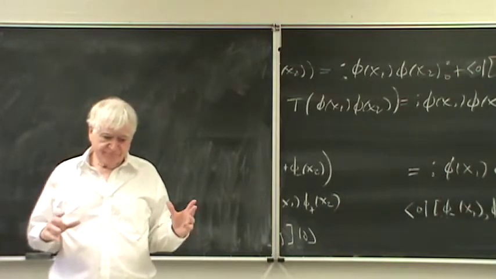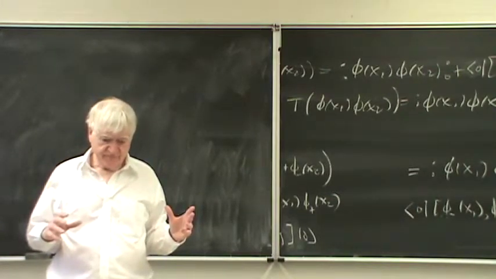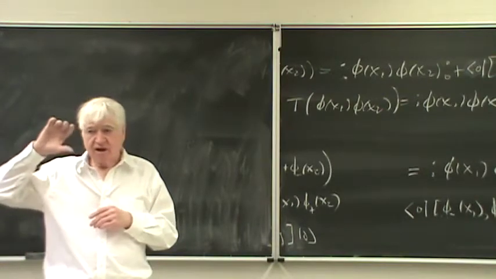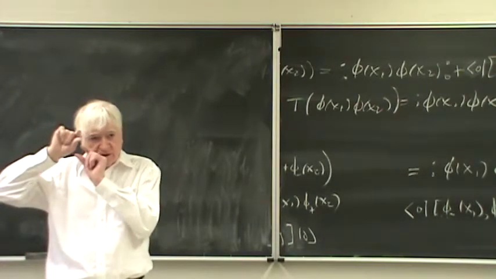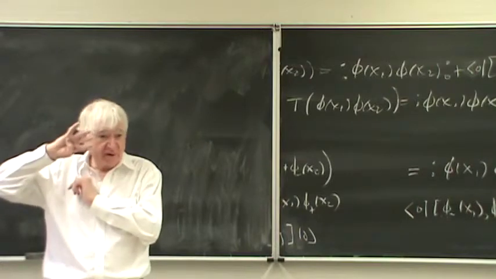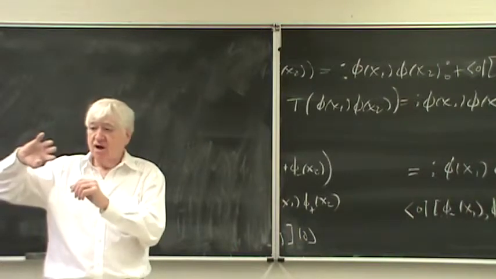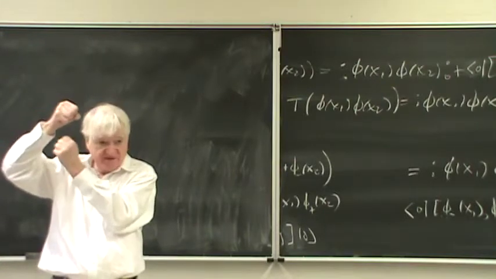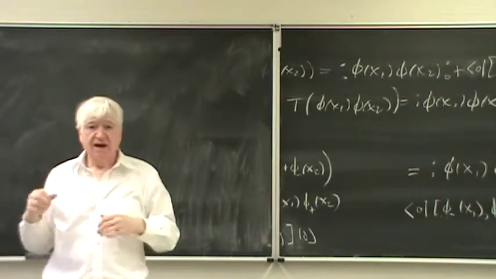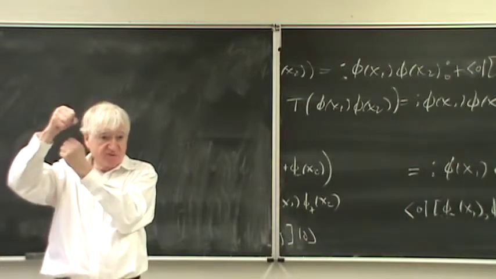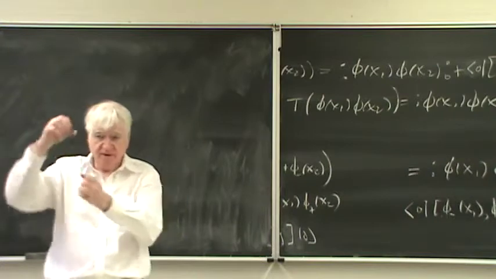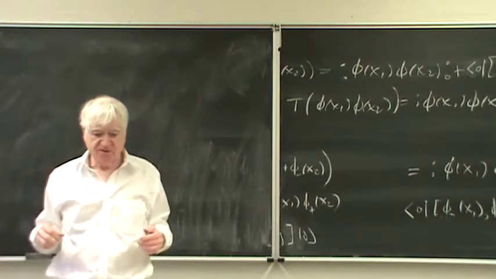And then, if you had a doublet, if you had 4 scalar fields formed into 2 doublets, so you have 2 complex fields, they would transform under SU(2), because SU(2) is 2 by 2 complex matrices with determinant 1.